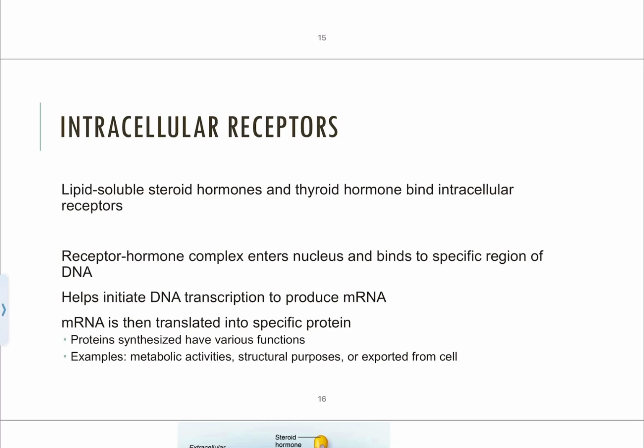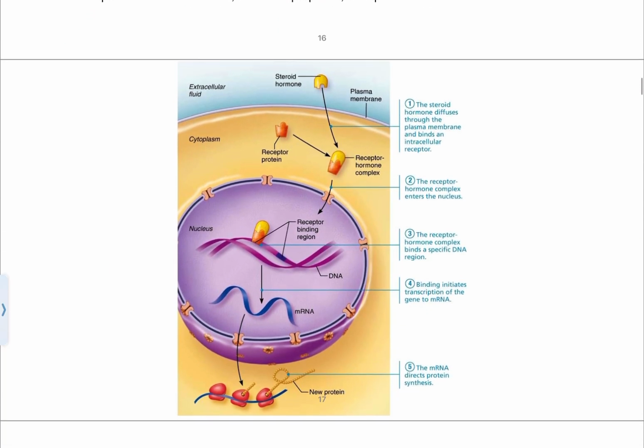And again, our one exception is the thyroid hormone when we're talking about amino acid based, but it's also an exception when we're talking about intracellular receptors, because the thyroid hormone receptors are actually bound to DNA. So the hormones actually go through the nucleus themselves and bind to the receptor there. They don't bind to the receptor outside of the nucleus and form a complex before they enter the nucleus.